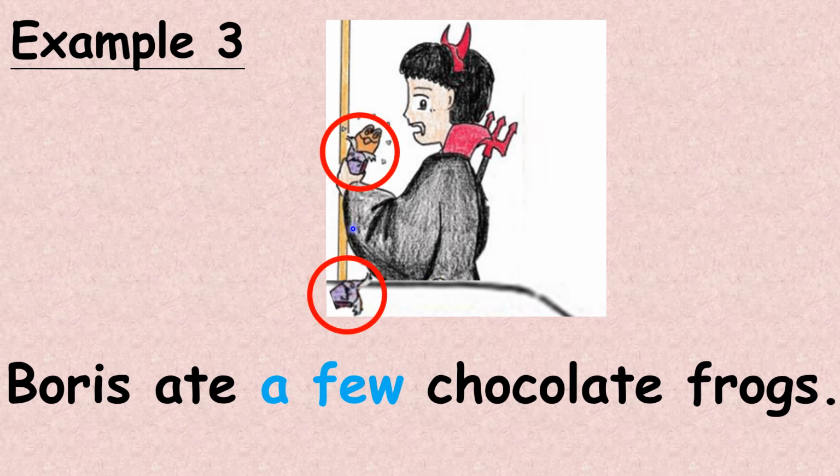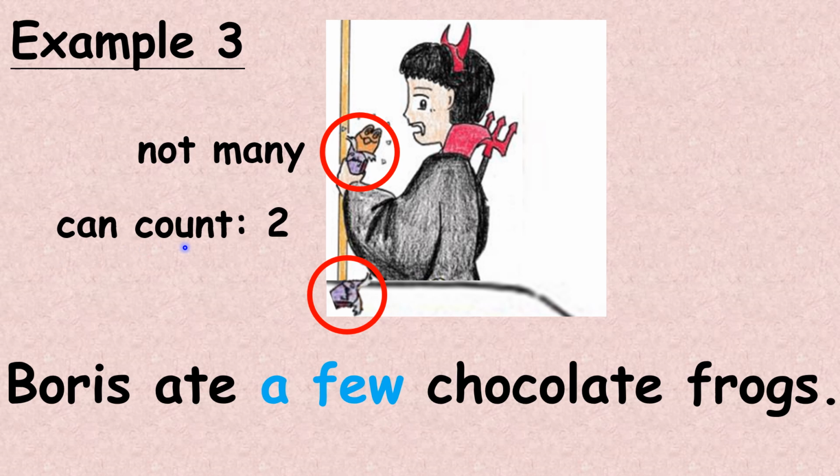Well, there's 1, 2 chocolate frogs. That's not many chocolate frogs, and we can count them. We can clearly count 2 chocolate frogs. So we used a few because there's not many and we can count how many.